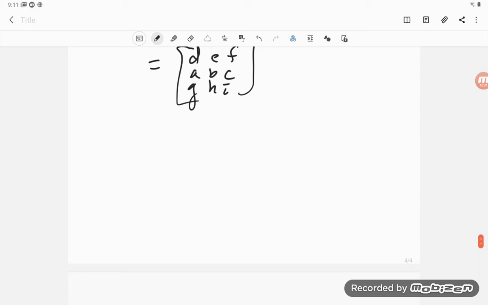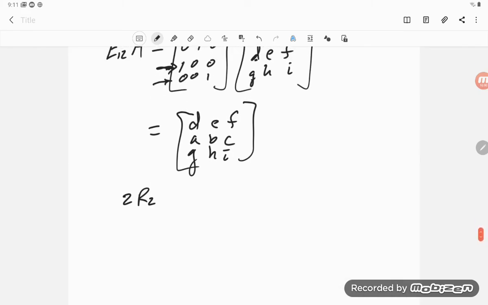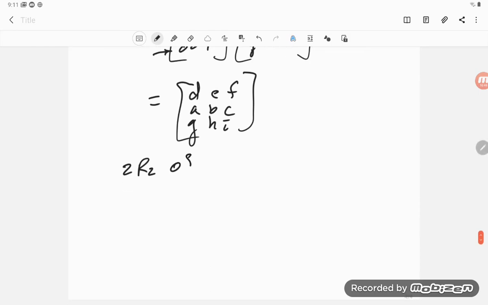Okay, so now let's take 2 times row 2. Let's do A again, so let's just start with A. And so we use E2 of, well, let's make it 3 times row 2.